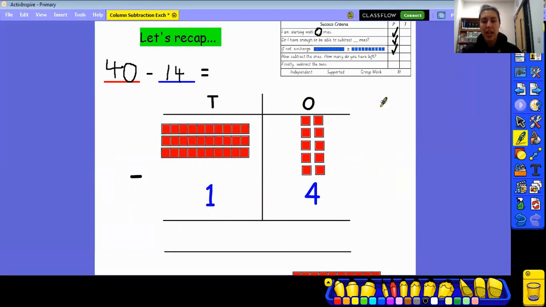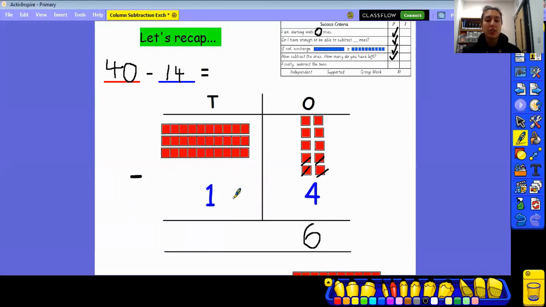Once I've made my exchange, I've got plenty of ones here to now subtract my 4. So now I can subtract the ones. 1, 2, 3, 4. And how many do I have left? That's right, if you know your number bonds, you can tell me that 10 take away 4 equals 6. Well done.